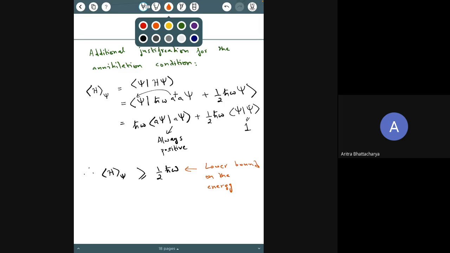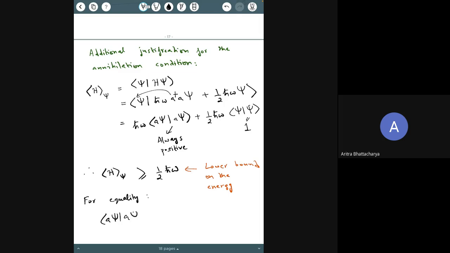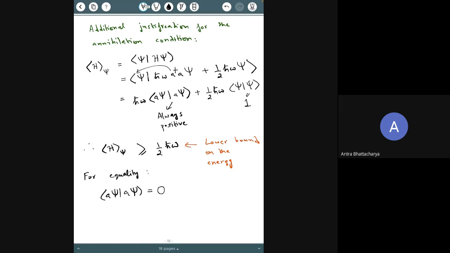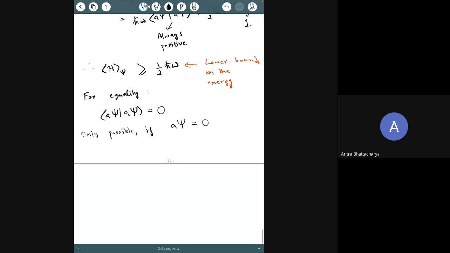And for equality to occur, what you need is that A psi is equal to 0. Now this is only possible if A psi itself is 0. Okay?